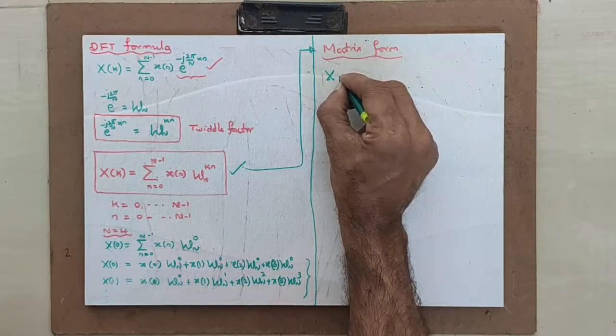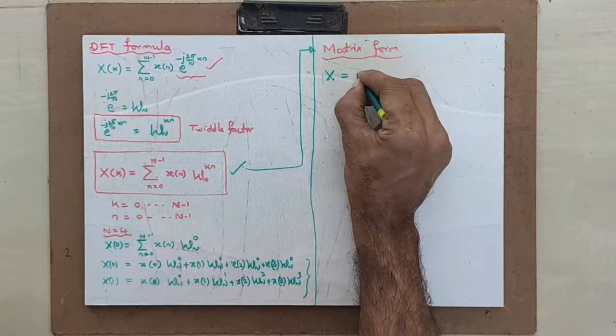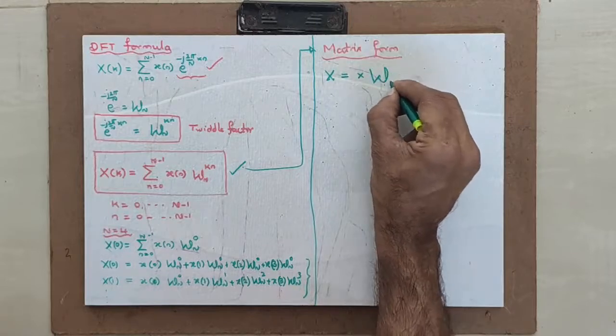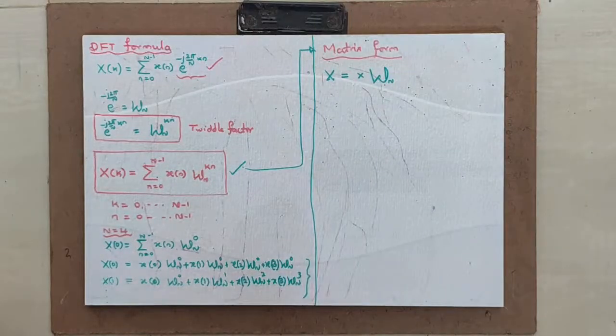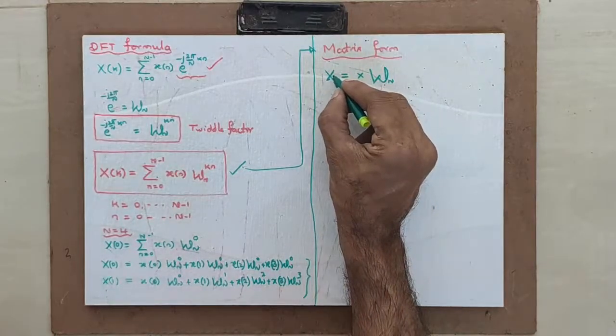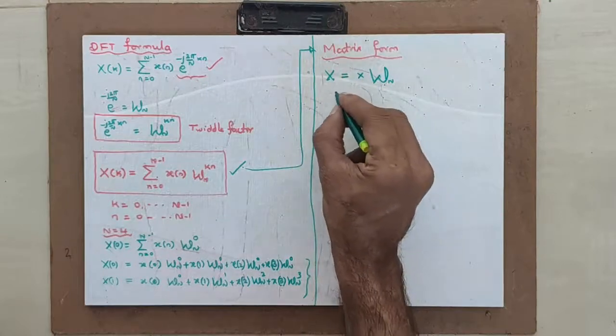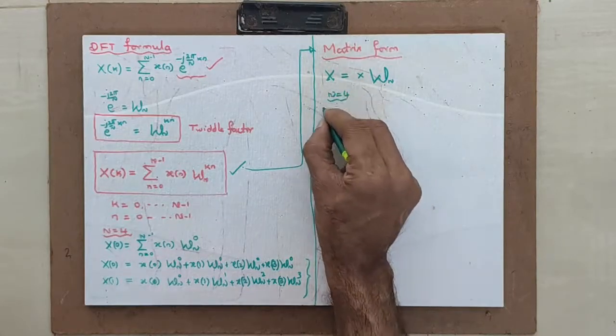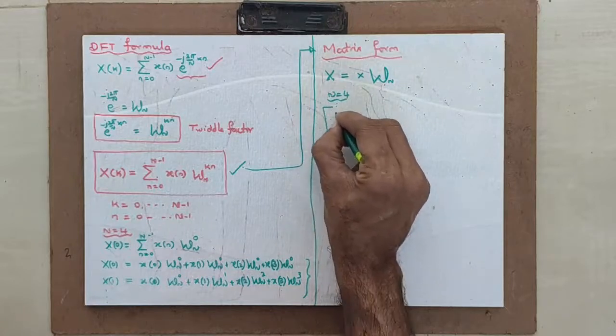Big X is equal to small x into Wn. What is small x? Small x is the input signal. What is big X? Big X is the output DFT. Now for n equal to 4, I will write this formula. See, very simple.